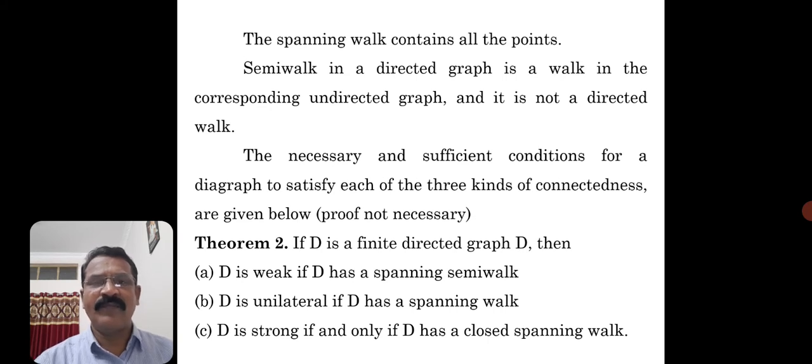A spanning walk travels from one place to another, reaching all other vertices in between. And D is strong if and only if D has a closed spanning walk. Whenever it is a closed walk, you will get two paths, U to V as well as V to U. So this is the result.